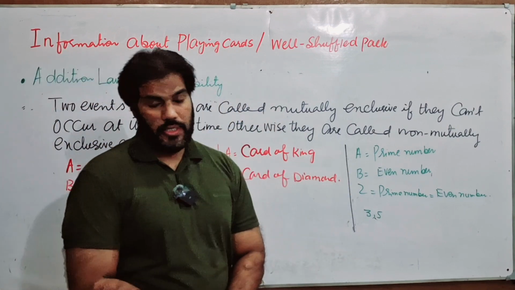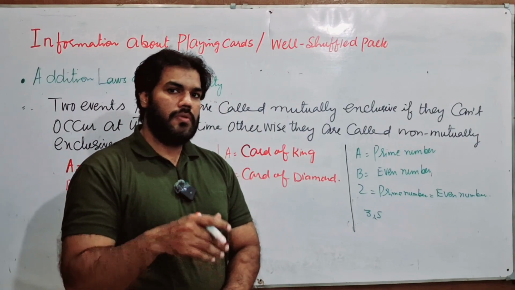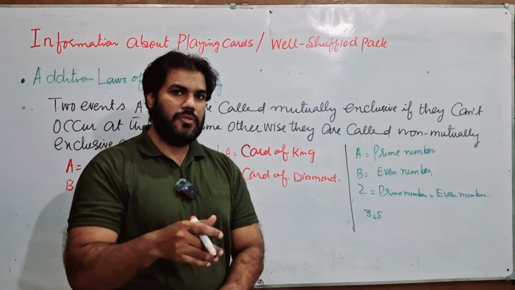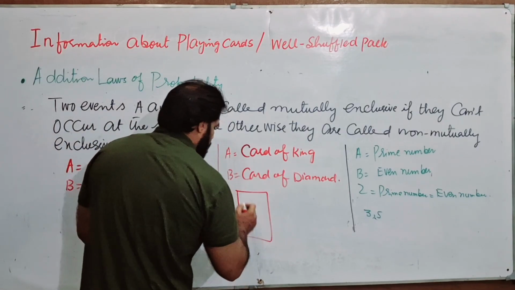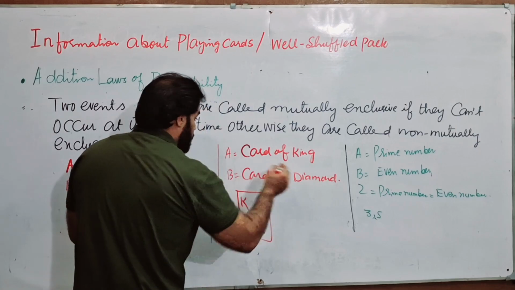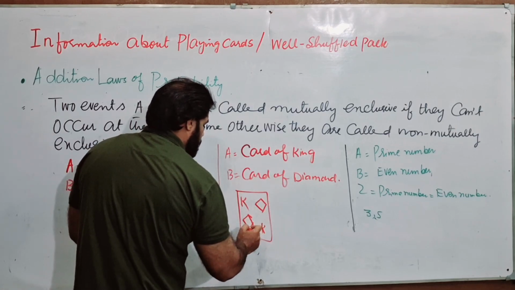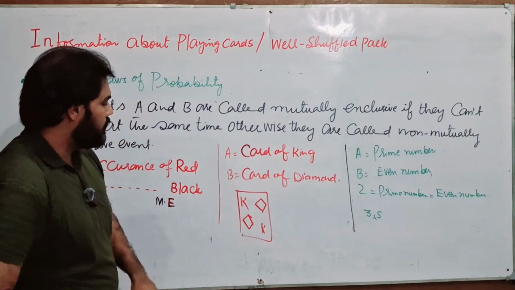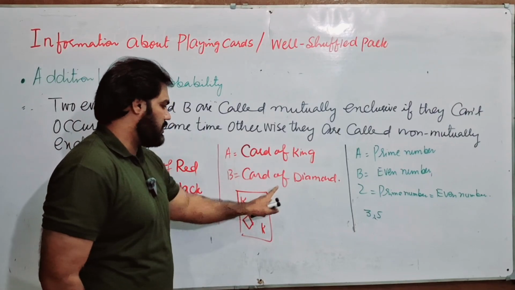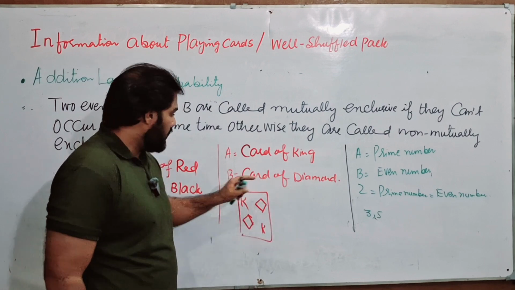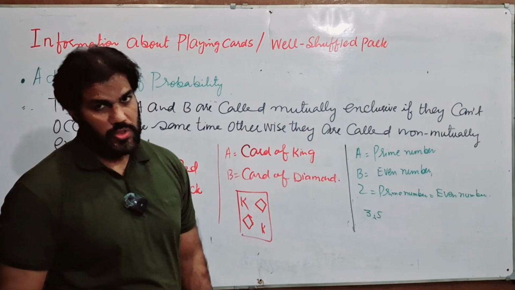Yes, this is possible that when you pick a card, both of the qualities are present in your card, because there is a card that is a card of king and it is also a card of diamond. So this card has the quality of both events. It is a card of king as well as a card of diamond. So I can say that these two events A and B are non-mutually exclusive events.